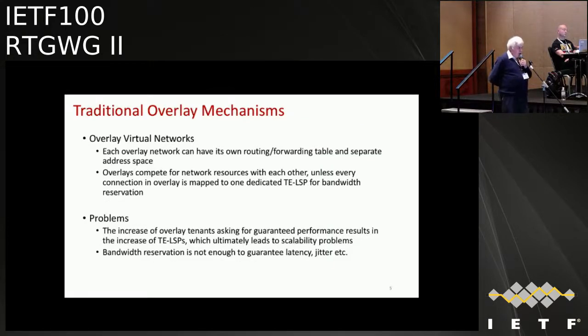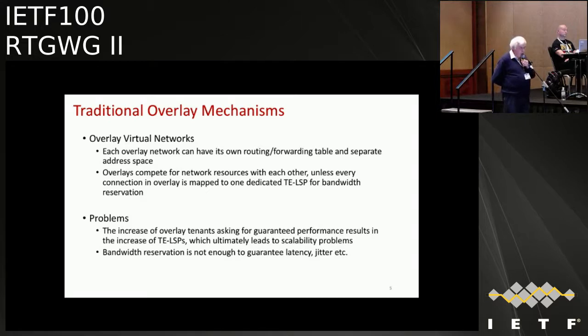So with traditional overlay mechanisms, each overlay network can have its own router and forwarding table and separate address space. Overlays compete for resources with each other unless every connection in the overlay is mapped to a dedicated traffic engineered LSP for bandwidth reservations.